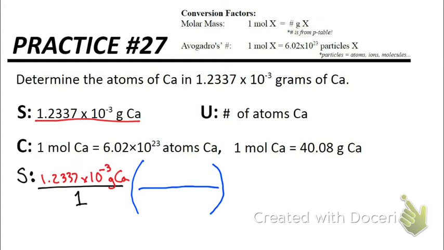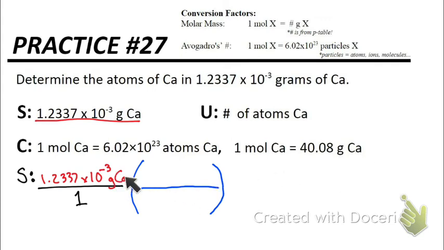So let's take a look at what we've got. Whatever unit is on top needs to come down. So if we have grams of calcium on top, we need grams of calcium on the bottom. Which one of these conversion factors contains grams? This one right here, the molar mass.